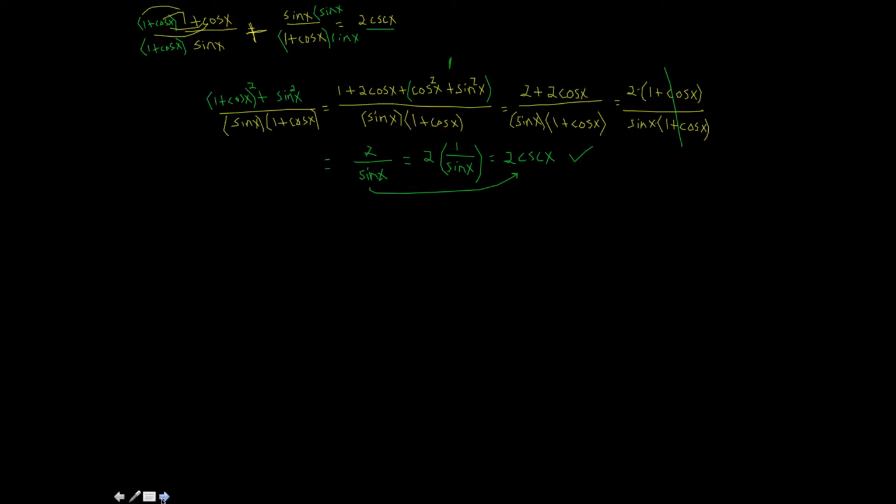All right, last problem, and then we'll get started with section 4.2. All right, so this is the problem. It's cosecant x plus cotangent x equals sine x over 1 minus cosine x.